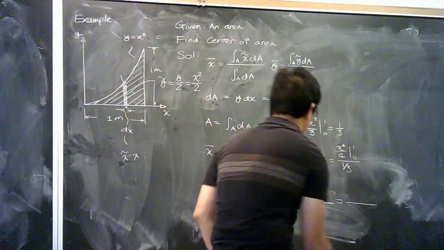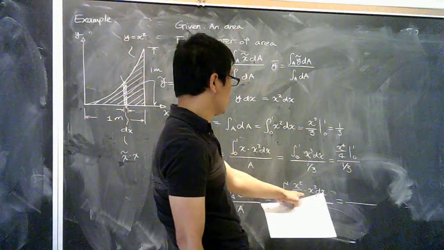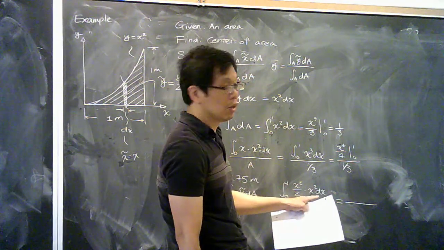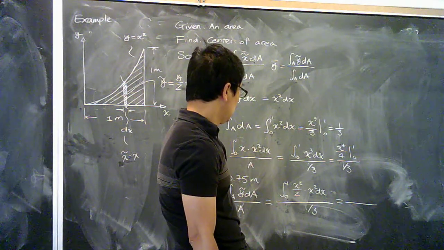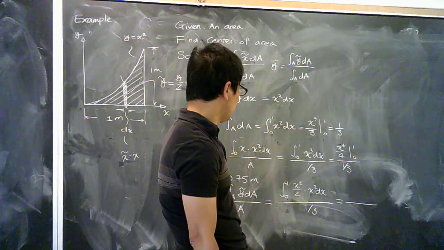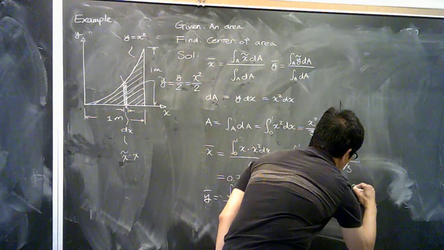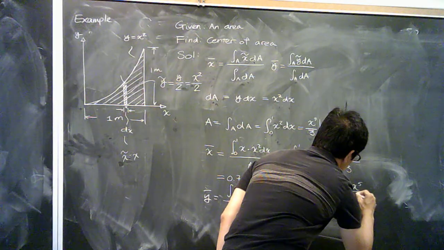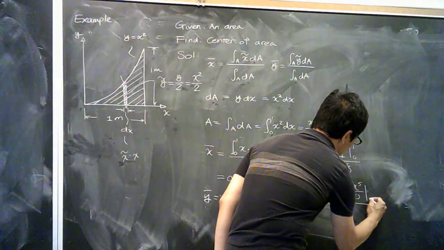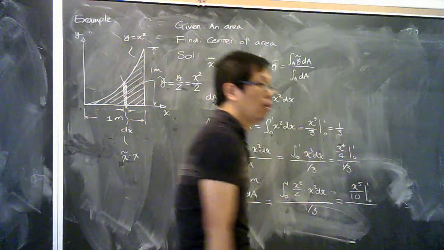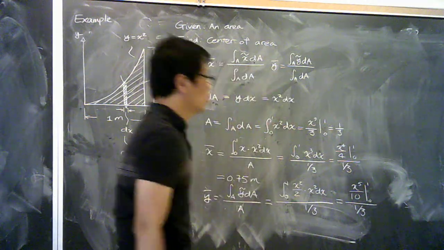On top of this, it should be straightforward to calculate, because if you multiply those two things together, it becomes x to the power of 4 divided by 2. So when you do the integration, it becomes the fifth order divided by 10, starting from 0, ends at 1, divided by 1/3.